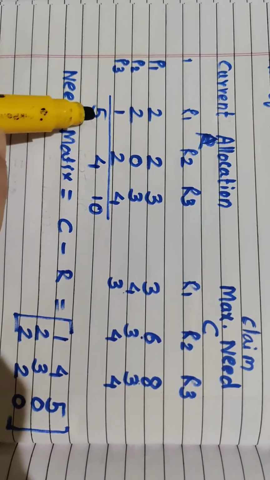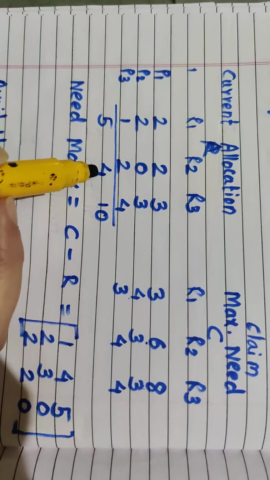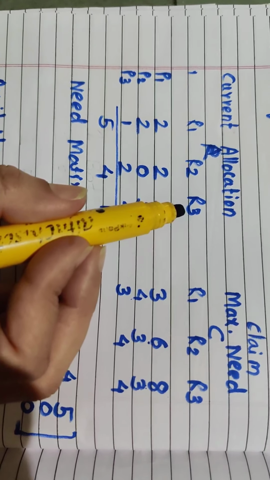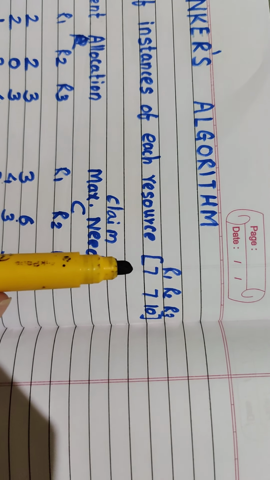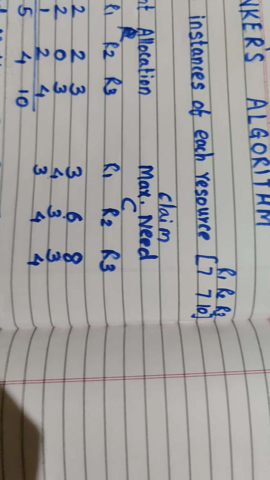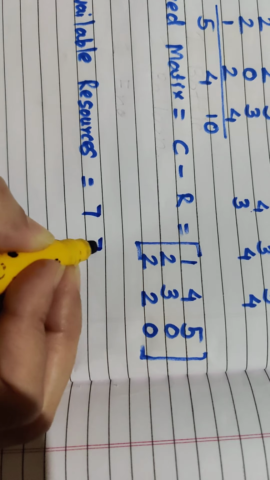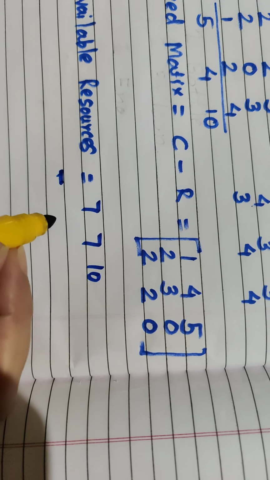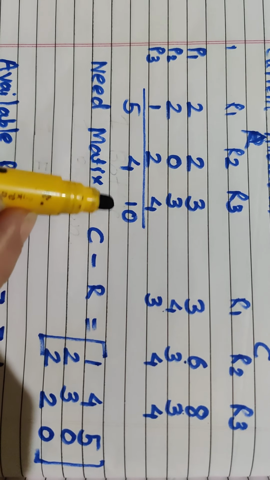So that means 5 instances of R1 are already allocated, 4 instances of R2 are allocated, and 10 instances of R3 are allocated. Now we have to check the instances. Total existing instances are 7, 7, 10. So the available resources will be the total existing resources 7, 7, 10 minus the total allocated resources 5, 4 and 10.